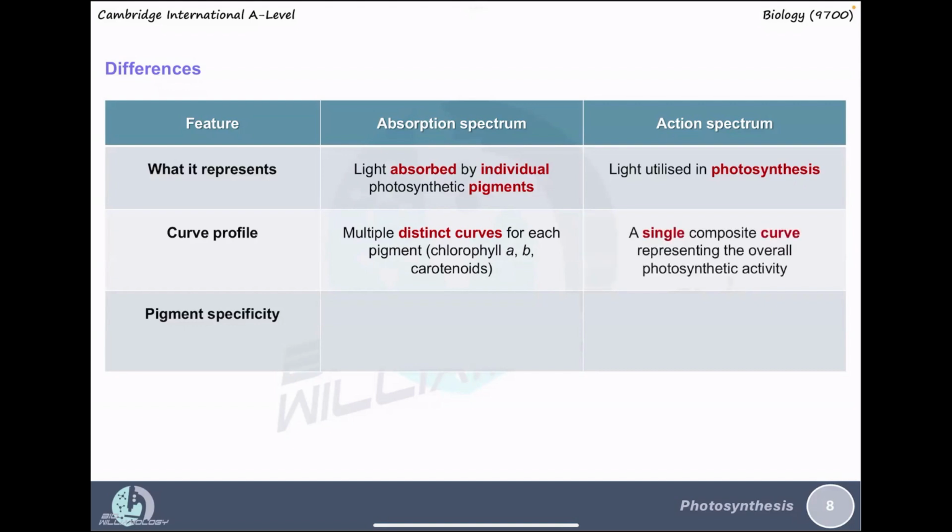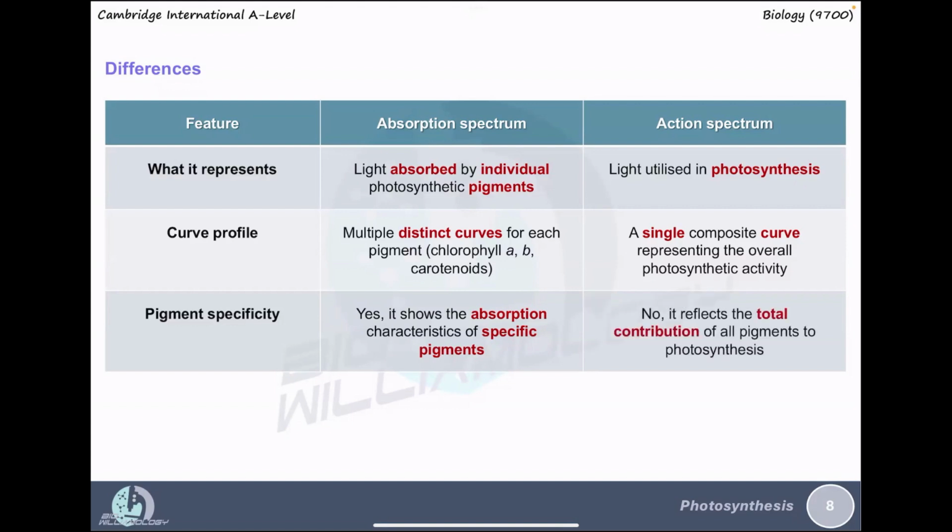The action spectrum shows a single composite curve representing the overall photosynthetic activity. In terms of pigment specificity, for absorption spectrum, yes, it shows the absorption characteristic of specific pigments, for example chlorophyll A, chlorophyll B, as well as carotenoids. For action spectrum, no, the spectrum reflects the total contribution of all pigments to photosynthesis.